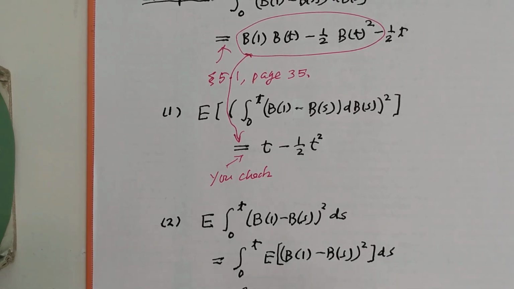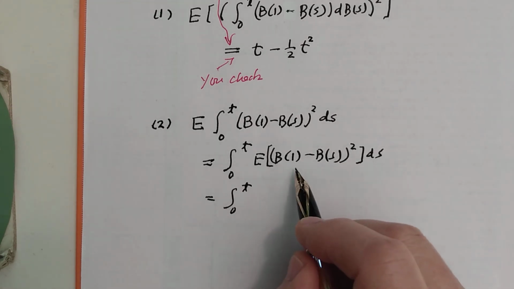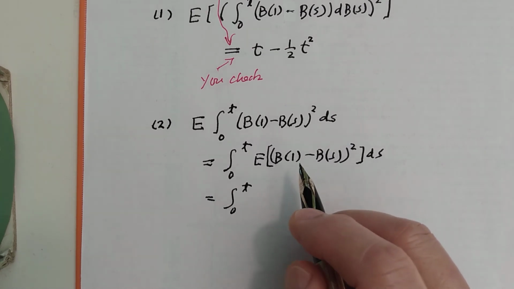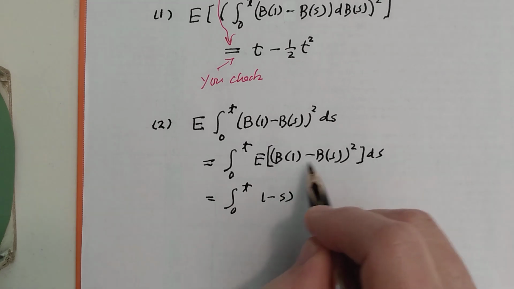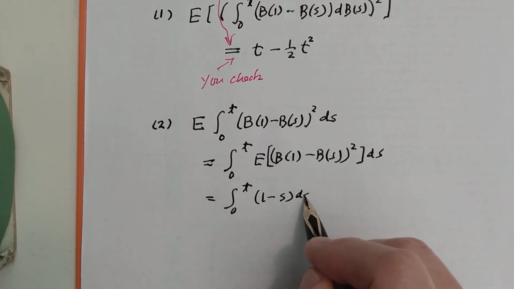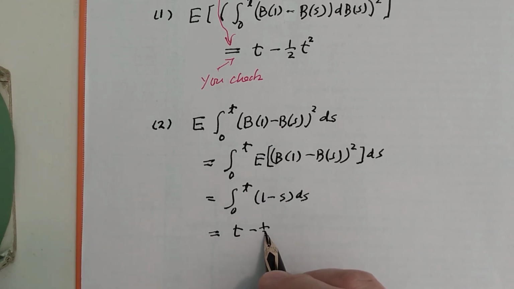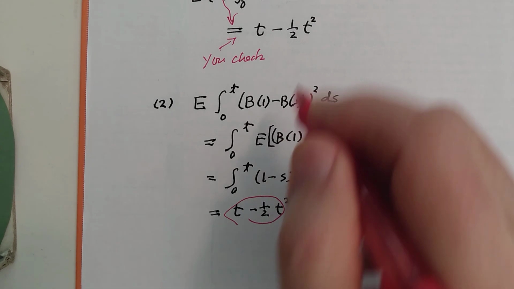Now, B_1 minus B_s is normally distributed with mean 0 and variance 1 minus s. So this is the integral of (1 minus s) ds, and this, you compute, is t minus 1/2 t squared. So we have the same thing here.